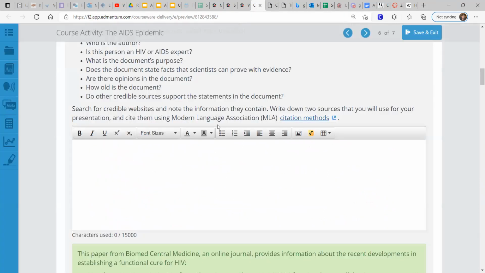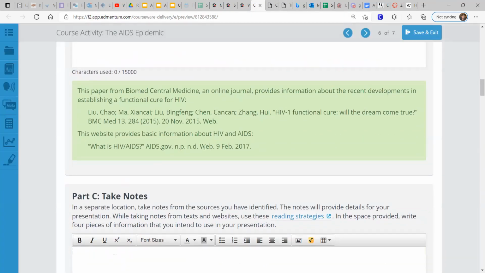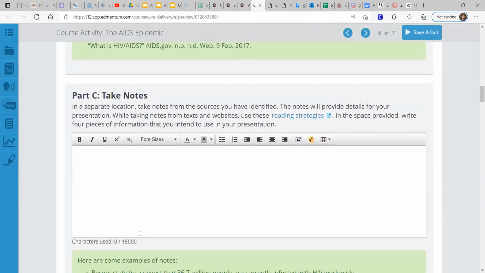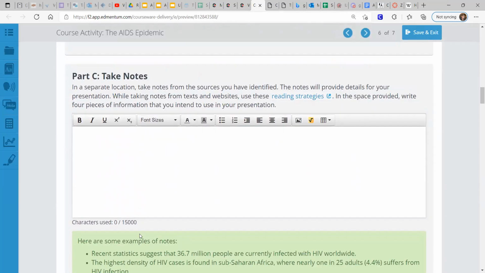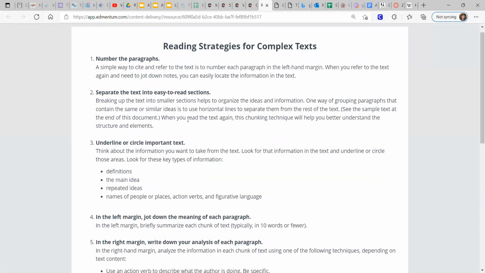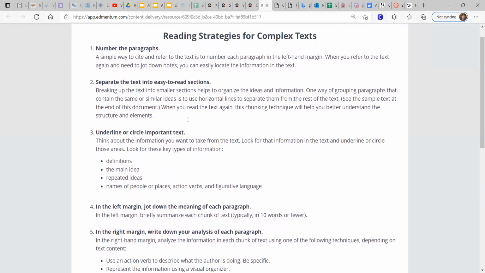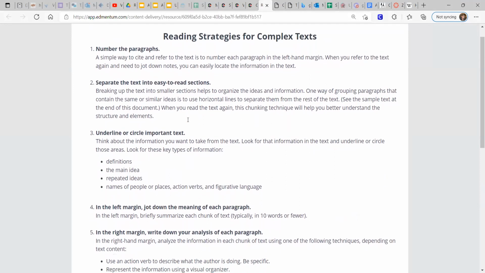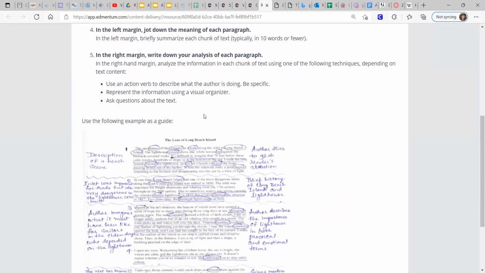And then once you get those two sources, you want to take some notes and read. You want to do some reading. And this may take some time, but you want to really get through the information and retain the most important parts of it.